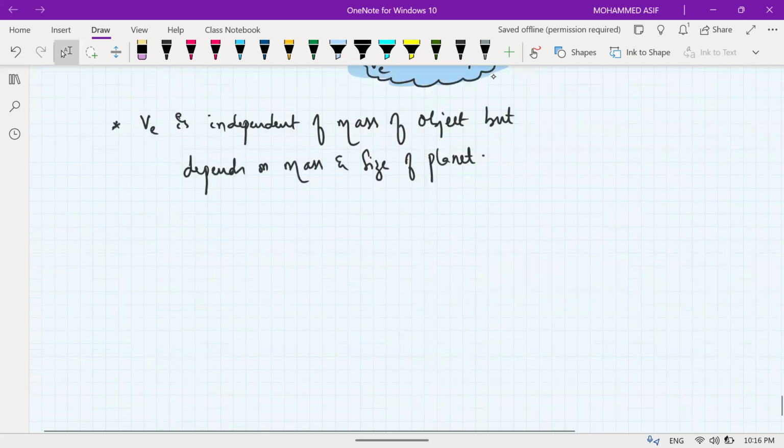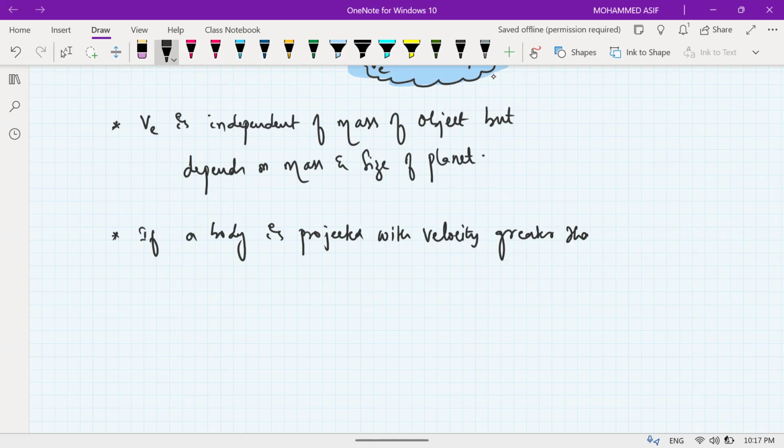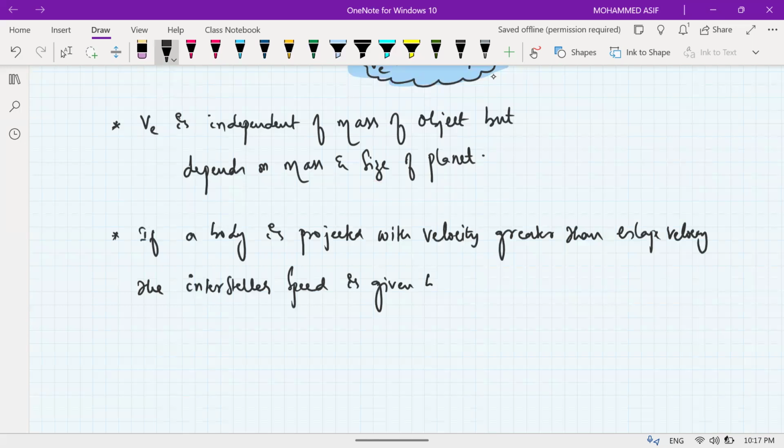Mass of the object. Next one, and a very important point: if a body is projected with a velocity greater than escape velocity, the interstellar speed is given by v is equal to, a very important formula, under root of the given velocity square minus escape velocity square.